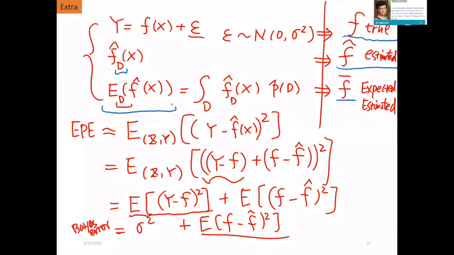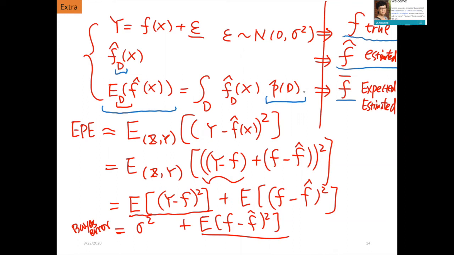You take the expectation over all this training randomness. So again, remember the definition of expectation. I told you in the beginning, f hat x is a random variable, got from a training data D. Now I integrate it out, considering all of the possible distributions of my training data.